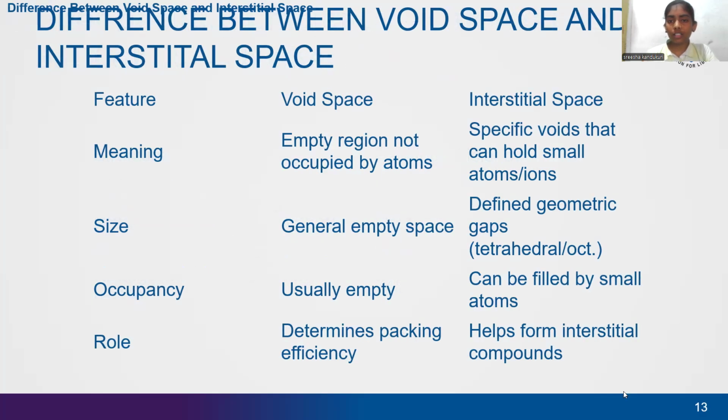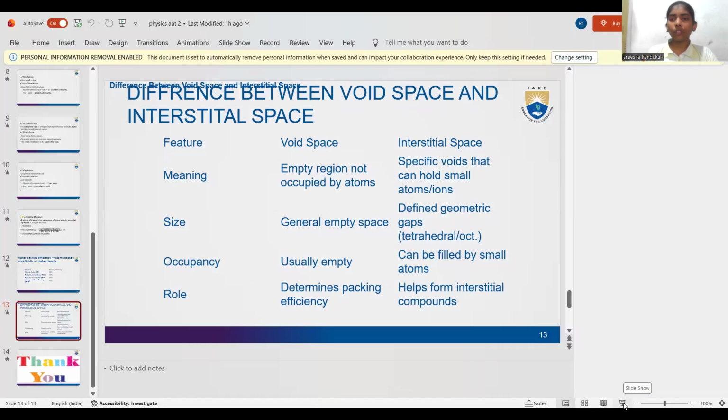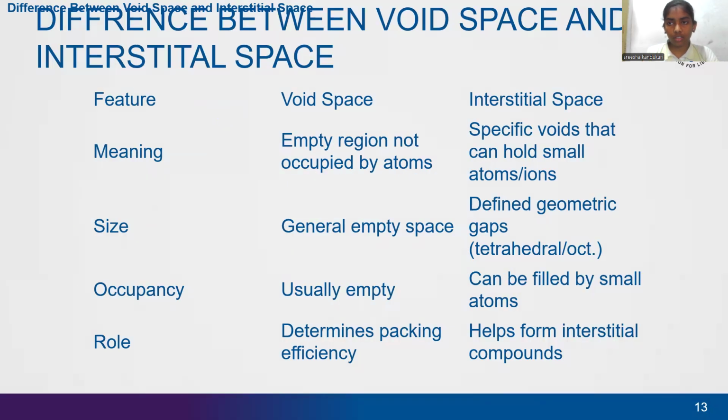Now we'll see the difference between void space and interstitial space. Coming to the features: in void space, it is an empty region not occupied by atoms, whereas in interstitial space, we have specific voids that can hold small atoms or ions.